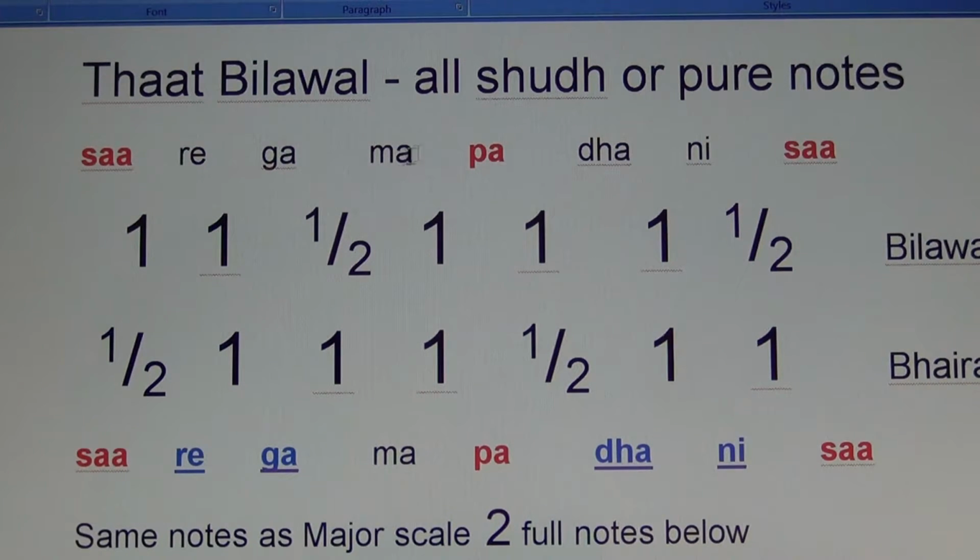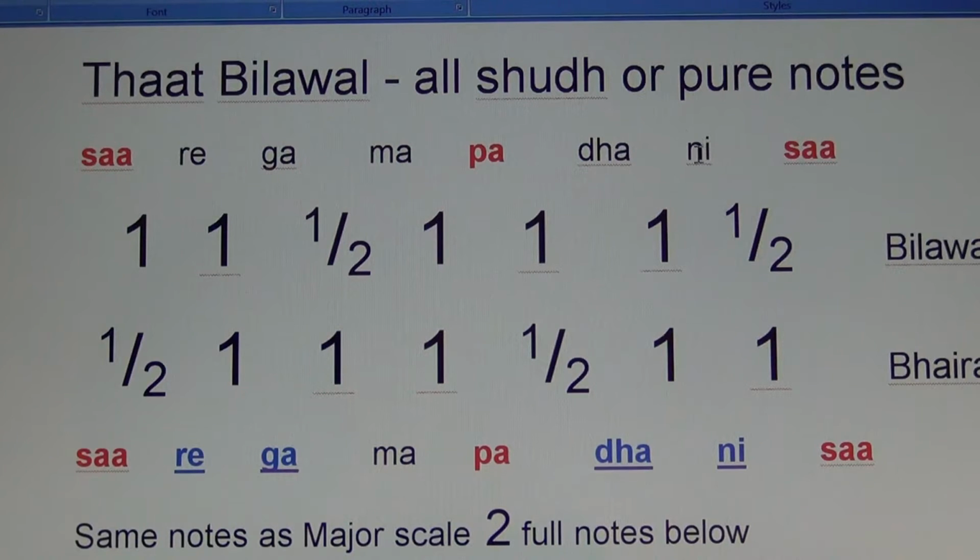From sa to ma we have 2 and a half notes. Sa to ma we have 2 and a half, so ma remains the same. Sa to pa we have 3 and a half, same here, 3 and a half. Sa to dha we have 4 and a half for the pure or shuddha dha. Here we have 4, so it's a half note less, and it means dha is flattened or komal.